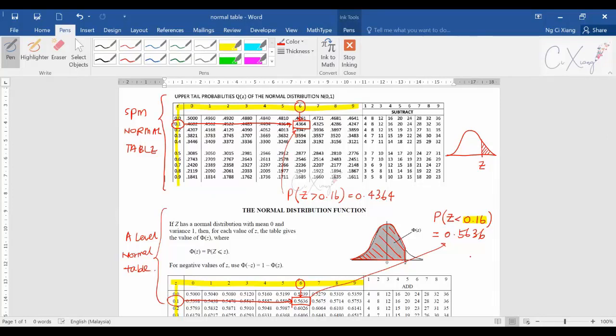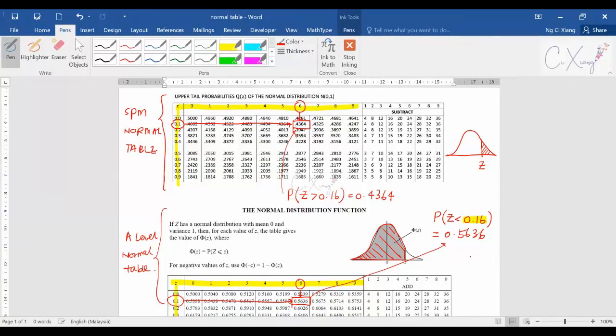Understand what I said? Last time when you learned, you were learning all the probability for greater than a value. But for the A level table, we are finding the probability which is smaller than the value. So remember that. Okay, if you understand this new table, then generally all the concepts that you learned in SPM can apply here. The only difference is the table here.